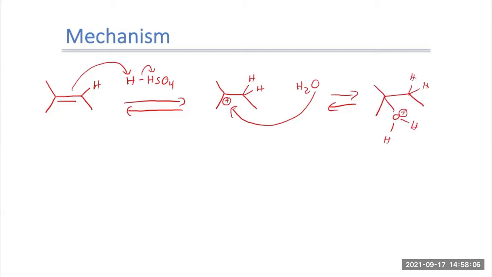We need to remove that positive charge from the oxygen. And so now here, our conjugate base from that acid catalyst that we started with, it can come and grab a hydrogen and move electrons back down to the oxygen. This will allow us to form our alcohol, and then we've also regenerated our catalyst in the course of that reaction.